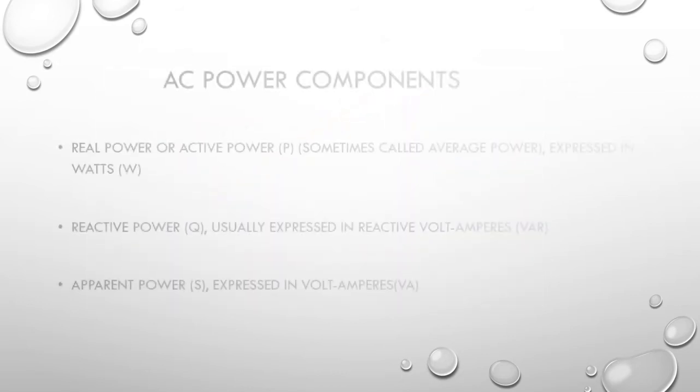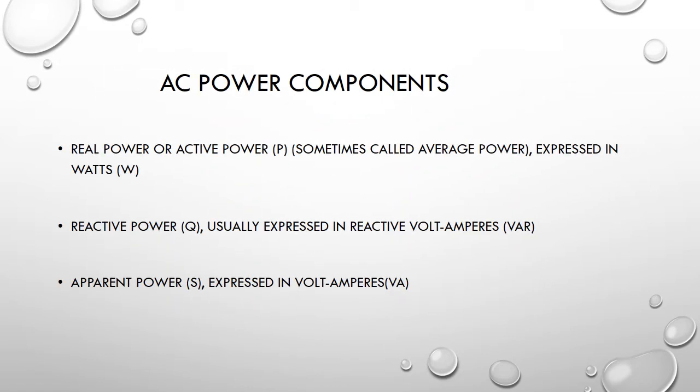As we've said, real power is the active component. It is expressed in watts and kilowatts, and sometimes in megawatts, depending on the unit that you choose. We also have reactive power, represented by the letter Q in most cases, and expressed in volt ampere reactive, VAR.